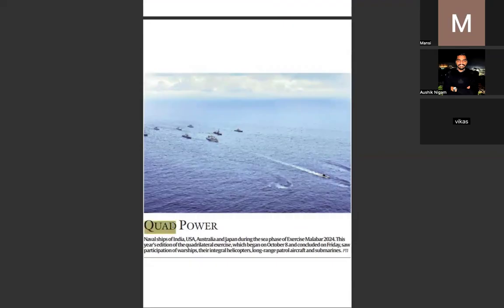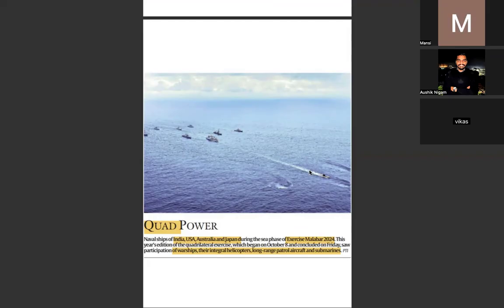Quad power: naval ships of India, US, Australia and Japan during the Malabar exercise 2024. Participation of warships, integral helicopters, long-range patrol aircraft and submarines were utilized. In the front, we can see this is a submarine. So Quad is ensuring the balance in the Indo-Pacific region.